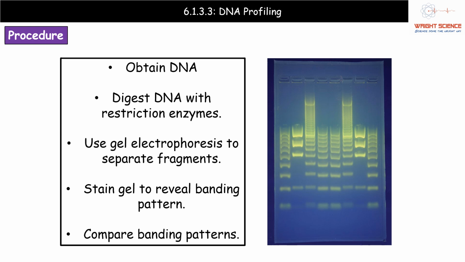So the restriction enzymes are going to cut the DNA at specific sequences, and then we're going to use the process of gel electrophoresis to separate the fragments, and it's going to separate them based on the size of the fragment. We then stain that gel, and we can then see the pattern of bands that forms. And all we then need to do to identify if something comes from one person or another is just compare those banding patterns.